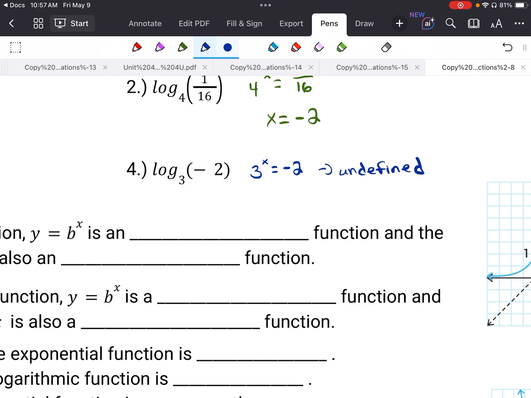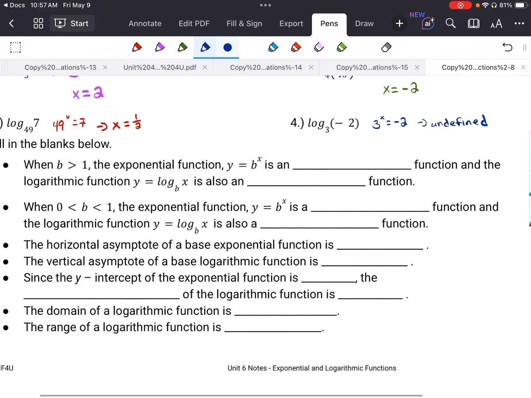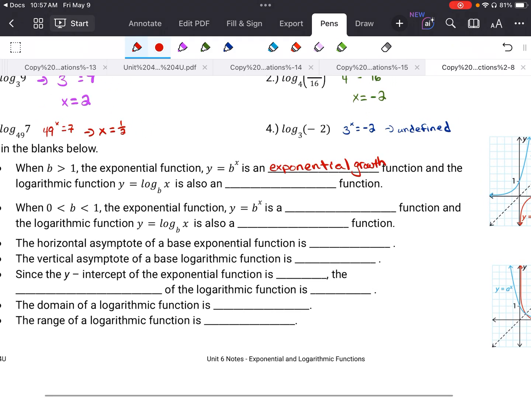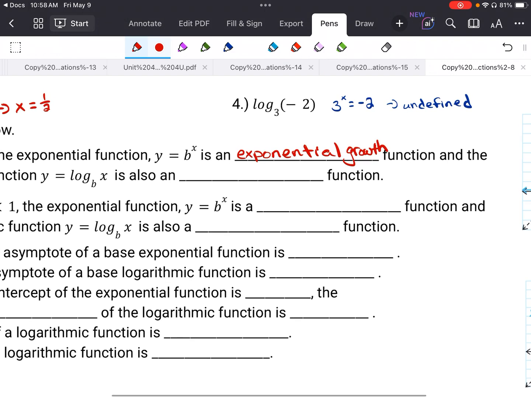Good. To sum up, let's fill in the blanks. When b, the base, is greater than 1, the exponential function y equals b to the power x is an exponential growth function. And the logarithmic function y equals log base b of x is also a growth function.